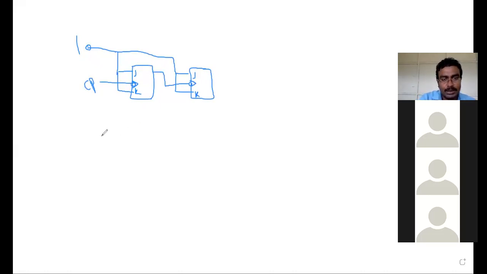To explain this, I'm using a clock pulse here. Students, since I have 2 bits of information, with a 2-bit counter I can definitely have 4 states.